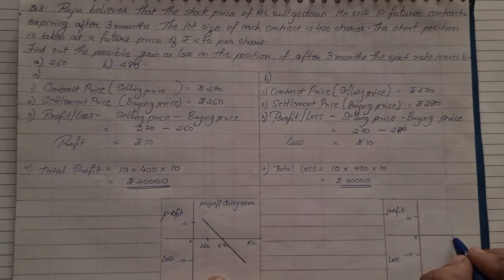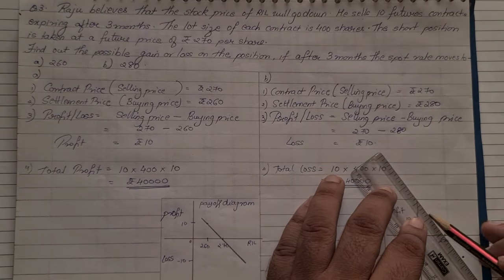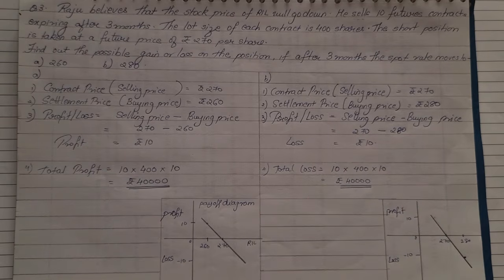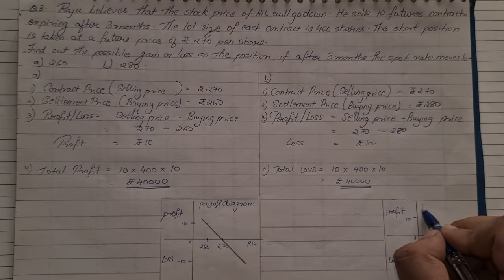Okay, now my contract price was 270, but my settlement was 280. On my settlement date we made a loss of 10, so I'm marking that point. From that point we will be drawing a curve passing through the contract price, and that is nothing but a payoff diagram.